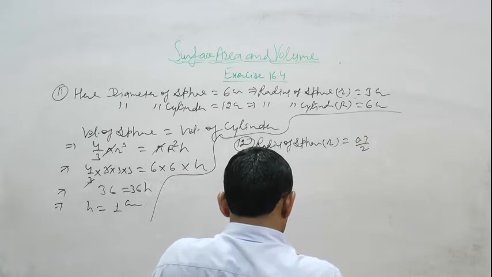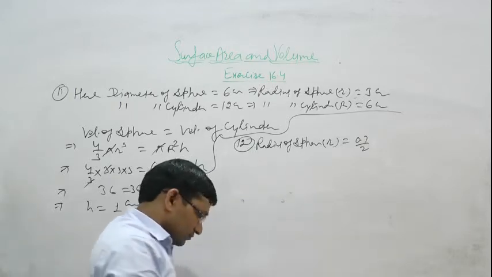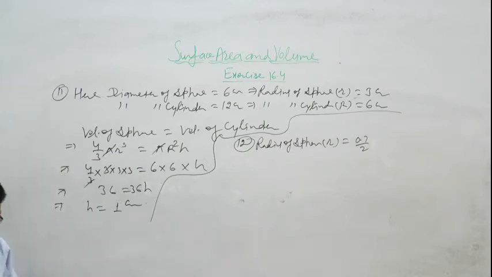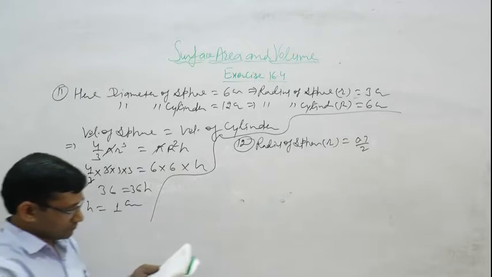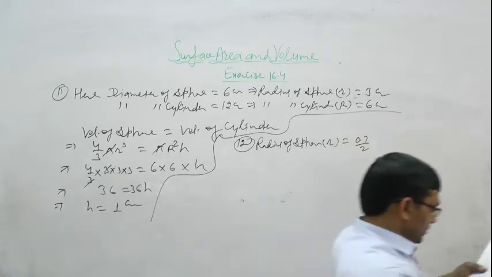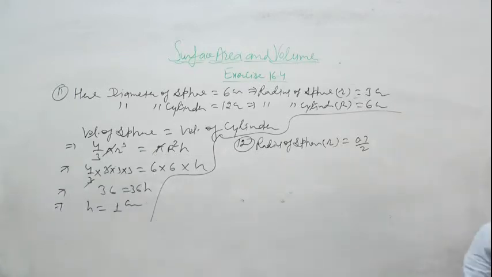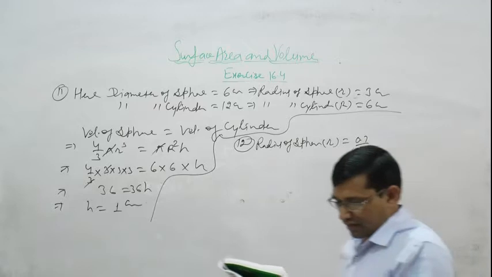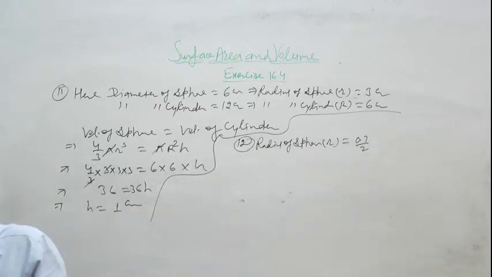From a water tank 3000 spheres completely filled with water are drawn out, then find the volume of water drawn out. Okay.